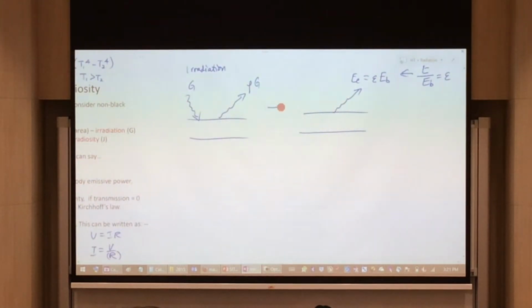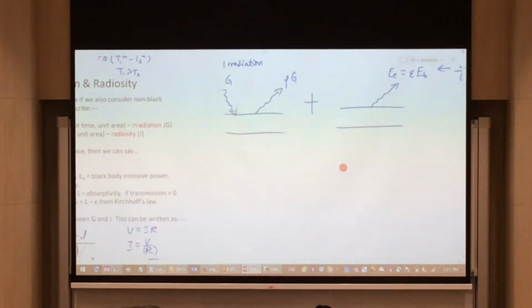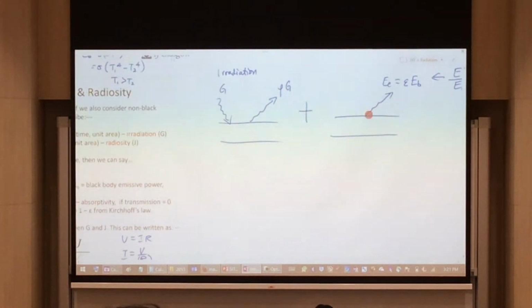Now, if you take these two and add them together, because for any object, besides itself having a surface temperature that is able to radiate heat, it also will receive radiation from the ambient, and out of which it will reflect some of it.